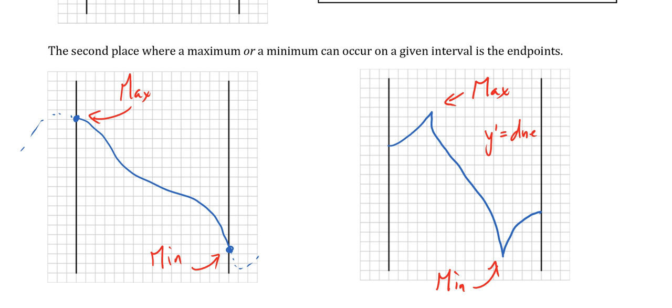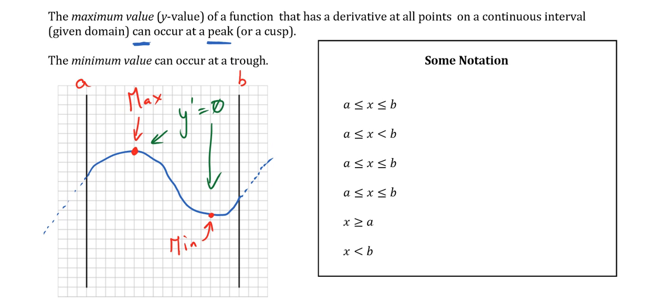I could have done an example here where you have a cusp, but it's not the maximum value. You could visualize what that would look like. So keep that in mind. We do have to test and see. It's not a given that something is a max or a min just because it's a critical point, a critical value.